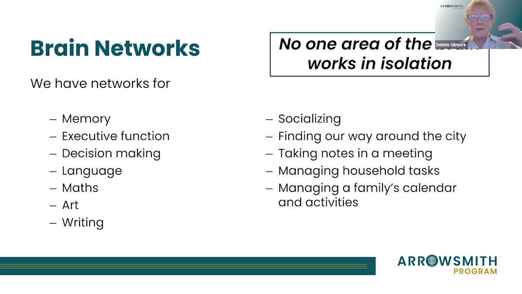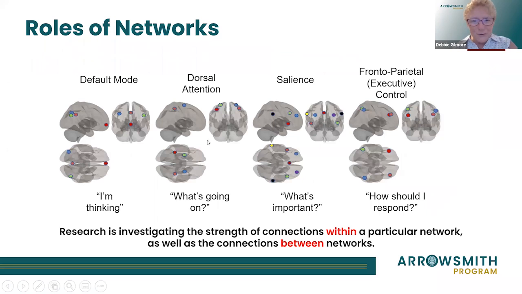All of these tasks, all of these activities, all of these functions that we have all use a network. And so I'm not certain if you're interested in some of those networks and what they do. But I put these ones here on this slide.